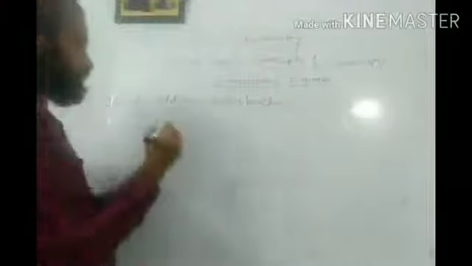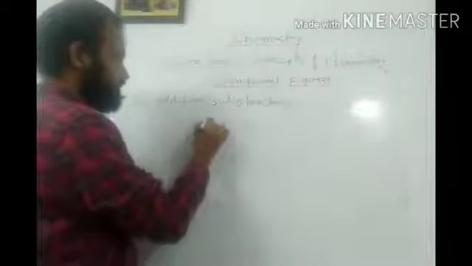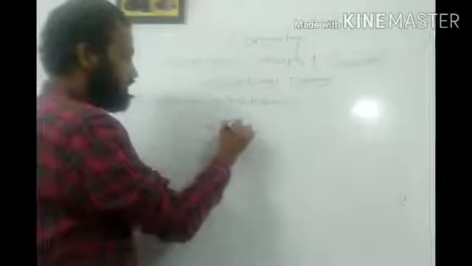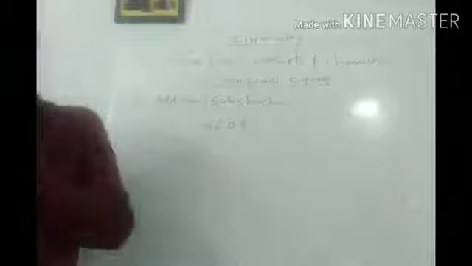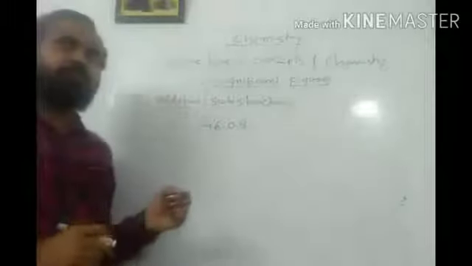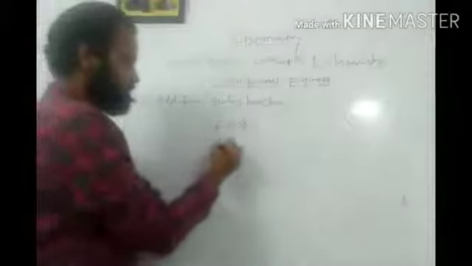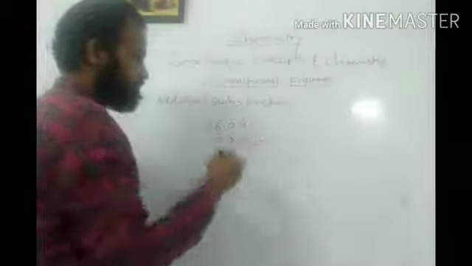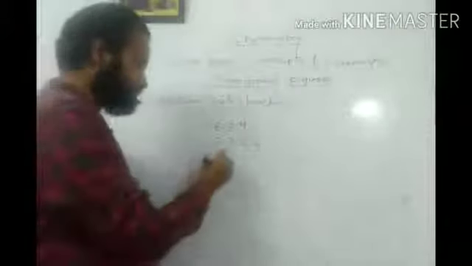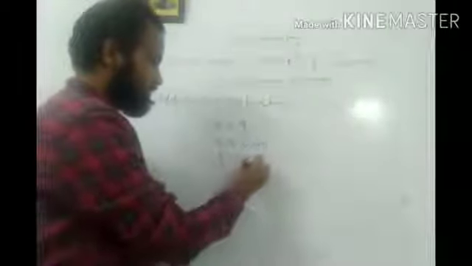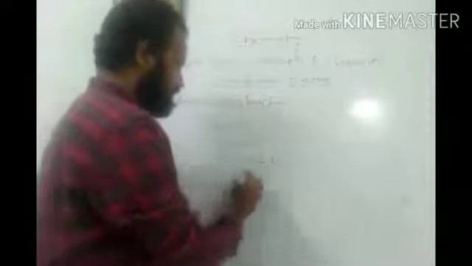So in this example, the problem is like this: 46.04 is the first figure. The second one is 2.364, and the third one is given as 3.7721. Now you have to add these.